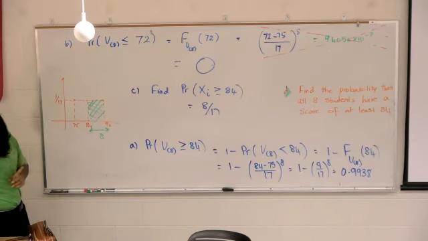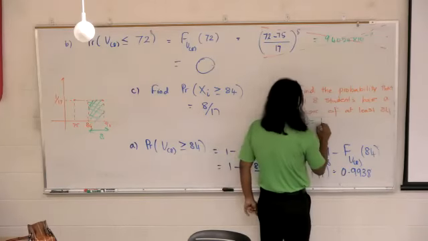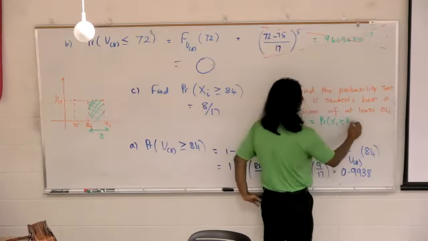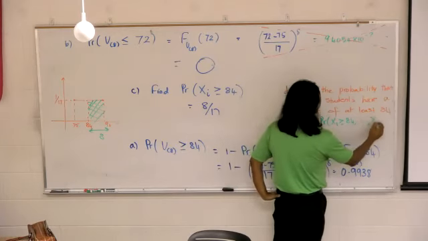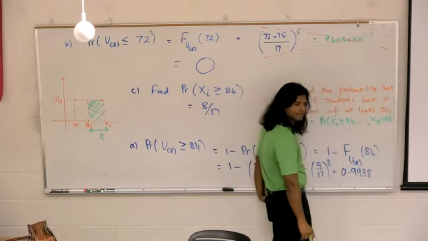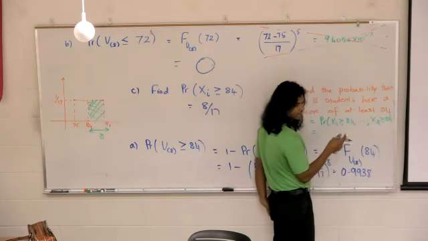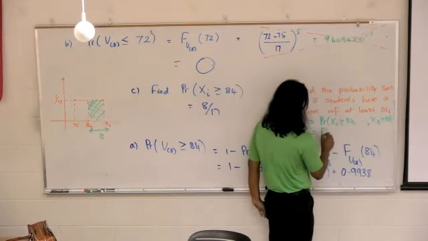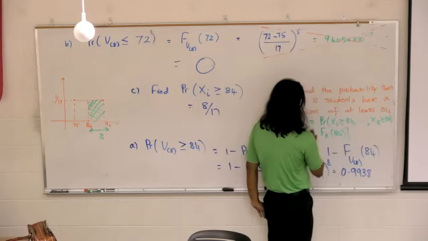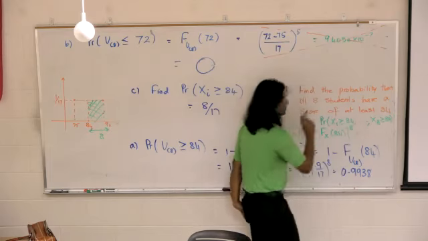So that equals the probability that the first one is greater than or equal to 84, and so on, all the way up to the 8th one. Independent and IID, yes. So I can simply say it is 1 minus F_X of 84, raised to the power of 8.